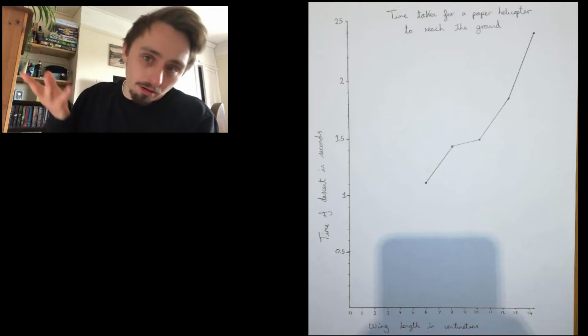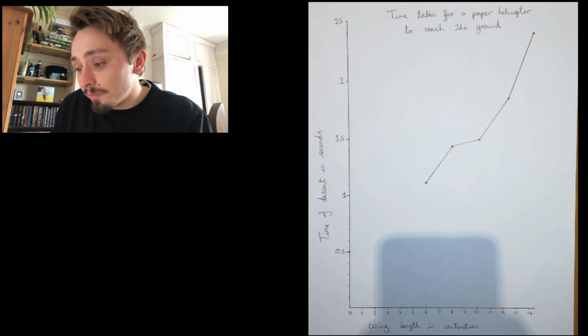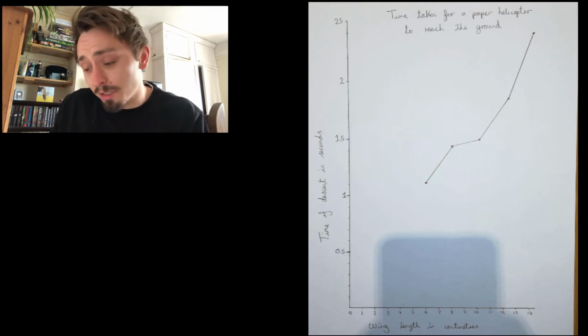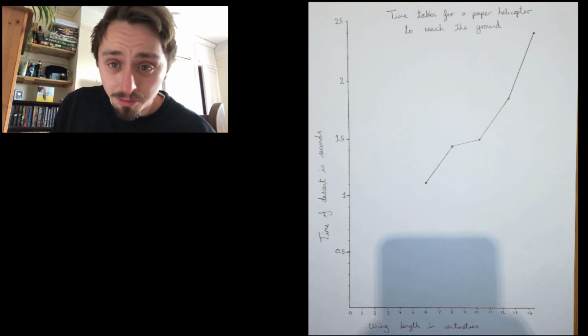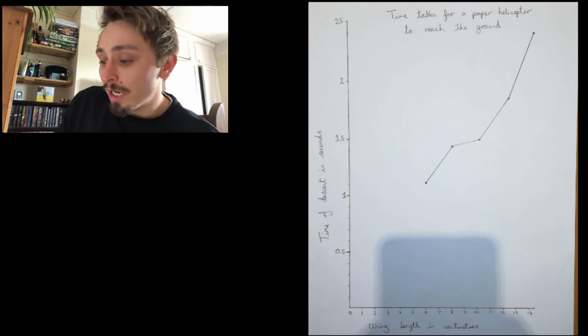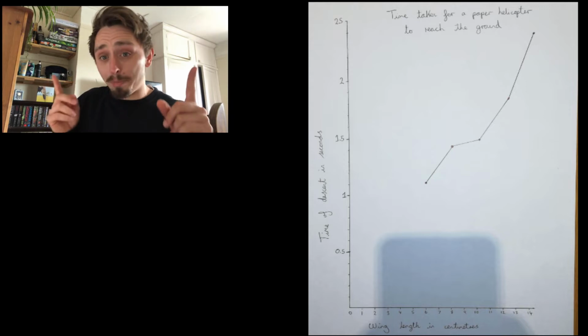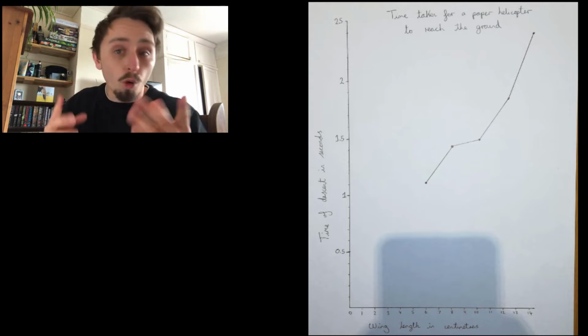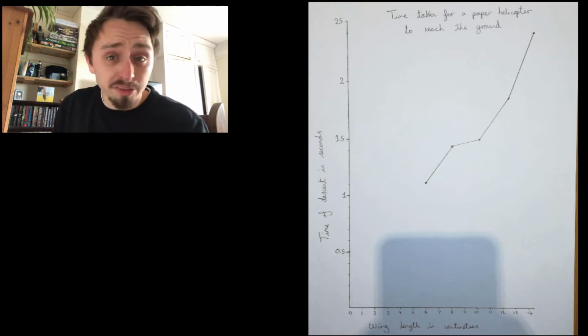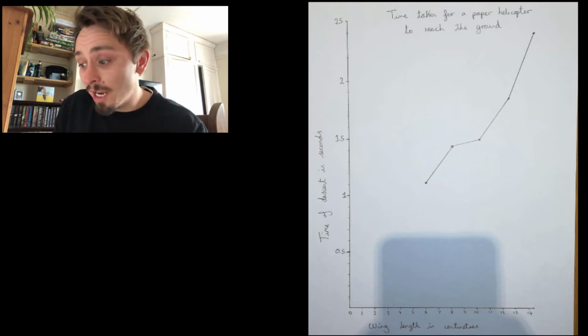The further up it, the slower it fell. And then on the X-axis, so along the bottom, it's beautifully titled in its lovely neat handwriting there, we have the wing length in centimetres. So this is for both blades combined, what is the length of those blades? So the smallest one we have on there is 6, as we know, and the largest is 14.